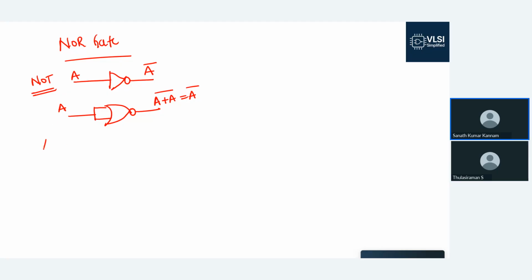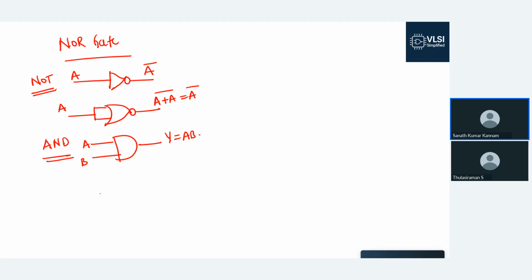And next, how to implement the AND gate. Inputs are tied together, and here A, here B, Y equal to what? Y equal to A B. Okay, this I want to implement. So how to implement?